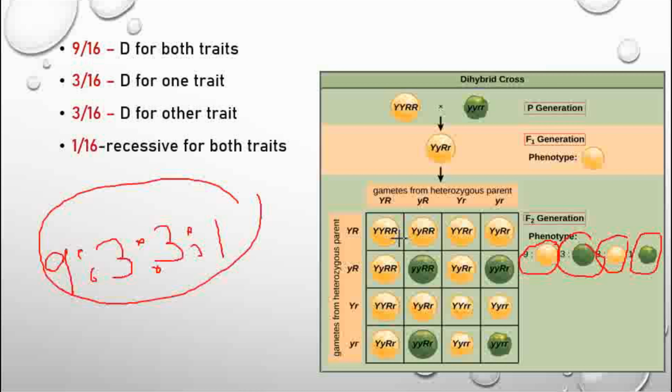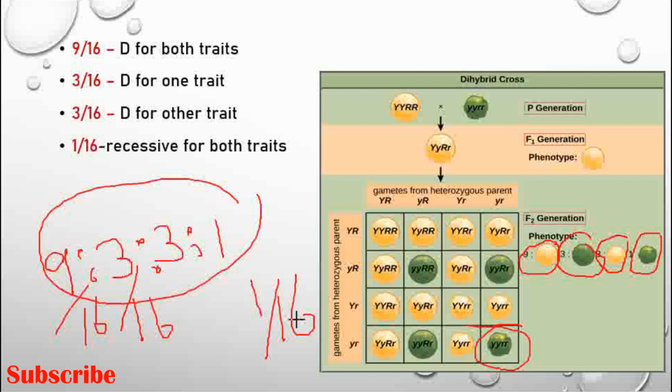And in the 16, 3 is dominant for one trait only, and the other trait is recessive, in the round green and the wrinkled yellow. In the 9:3:3:1 ratio they are giving the explanation. And only one is recessive for both, that is the 1/16. So what we see directly is what we call the phenotype, right? So they are just saying how it looks, nothing else.